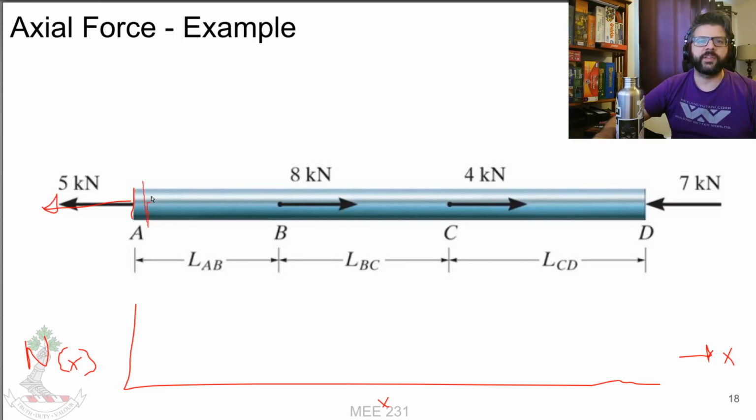Now if we take a slice right here, then in order to maintain equilibrium, well, we've got 5 kilonewtons on this side, so we need 5 kilonewtons on this side. So again, from here to here, that's stretching, that's tension.